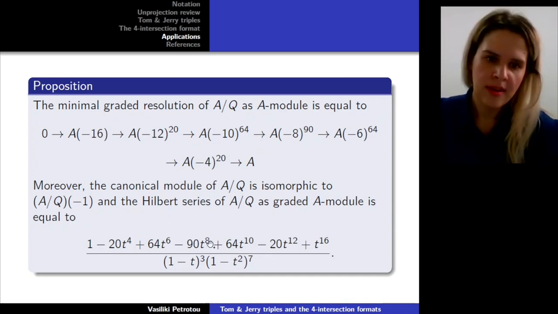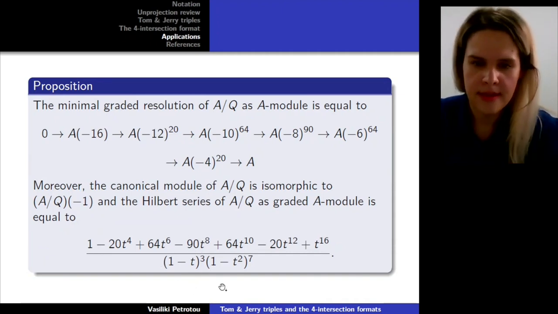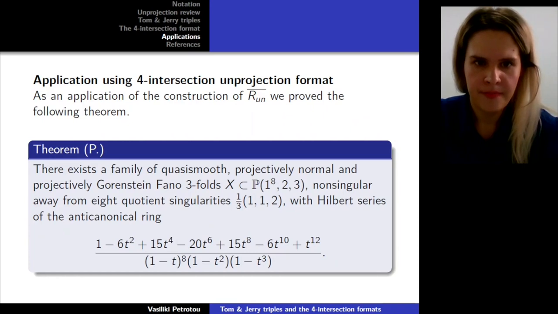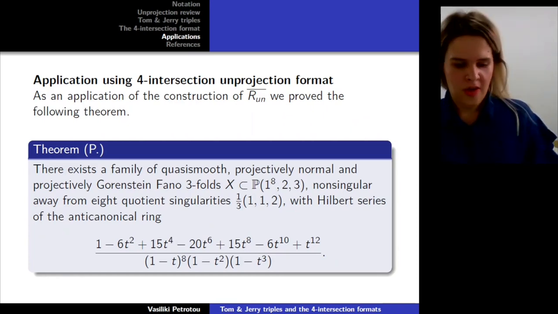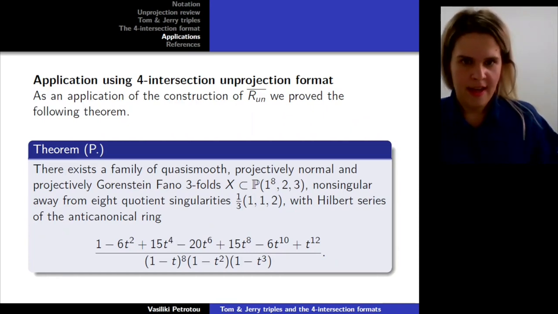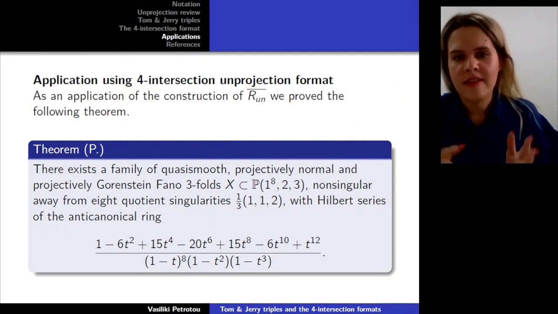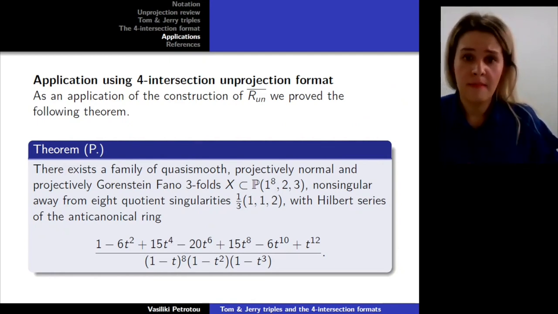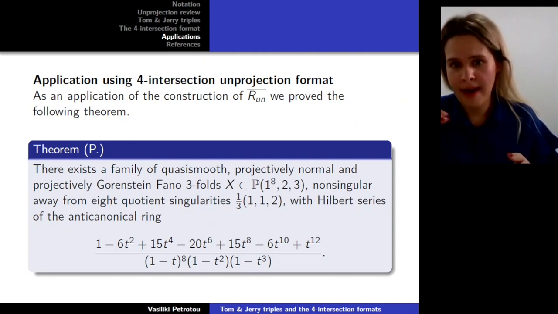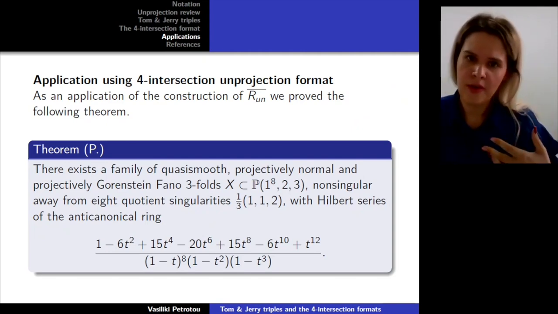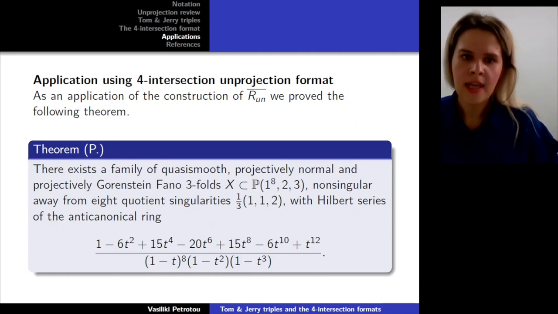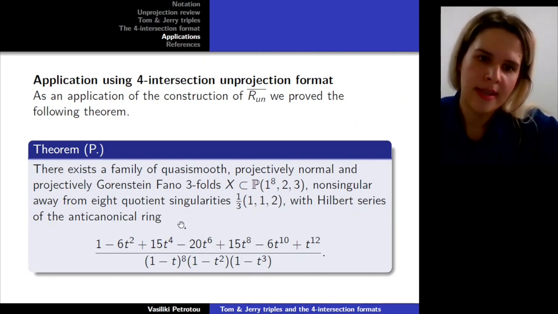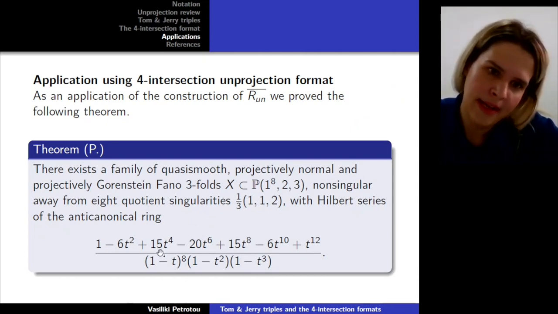So we can compute that the final object has this Hilbert series. And using the same ideas, playing with degrees and so on, but now using the Aran ring from the projection format, we proved also the existence of this family.